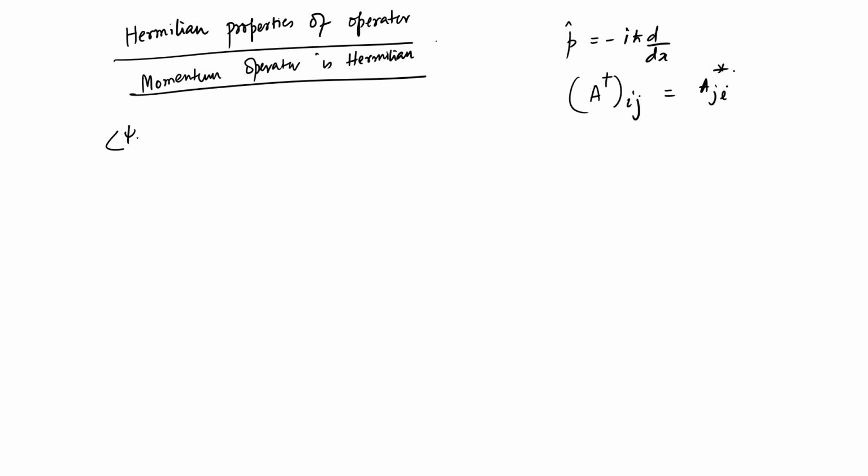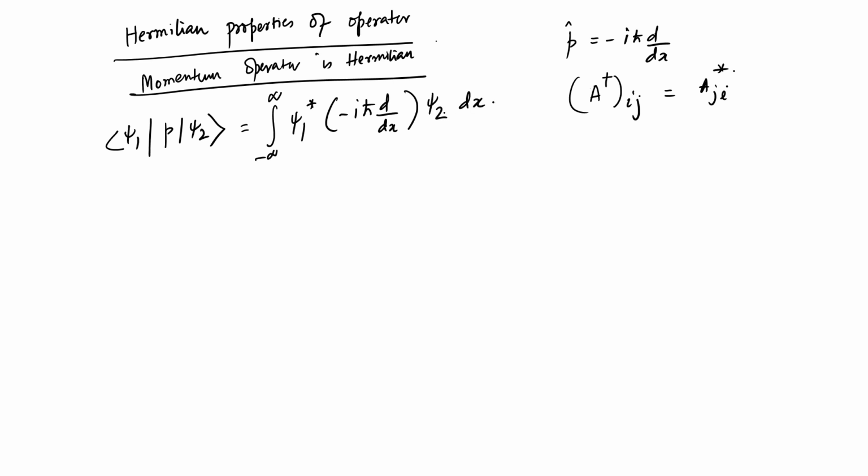So, we take this momentum operator between two eigenstates of the system, which let us say are psi 1 and psi 2, and we write it in the good old notation, introducing these integrals. So, this is the integral from minus infinity to plus infinity of psi 1 star, and then the operator, which we have decided to write in one dimension.